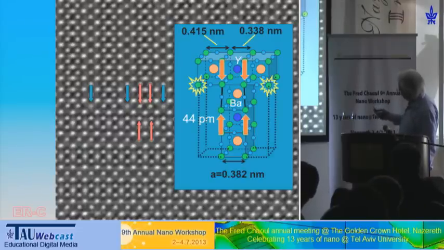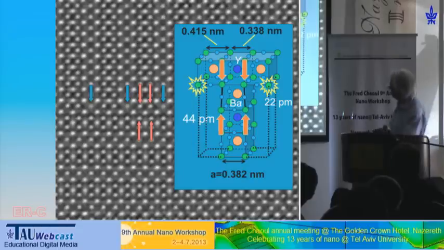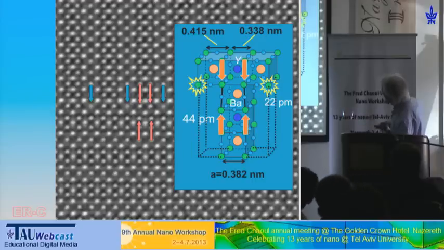Also, we see that obviously 3 upright standing unit cells down here do not give the dimension of a lying unit cell, and you get a misfit of 22 picometers. And this misfit leads to a disorder effect, including the oxygen. I cannot go into that. And you can measure this directly to 22 picometers.